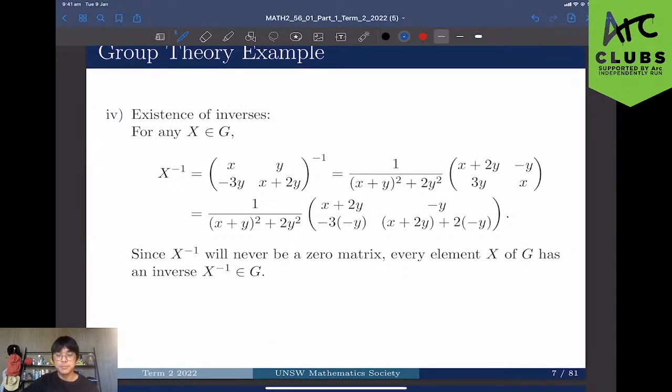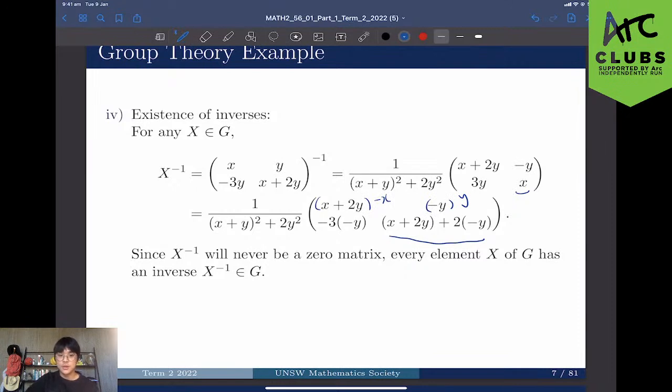And then like we did before with closure under matrix multiplication, we create these equivalent statements to show that this is the x and this is the y.